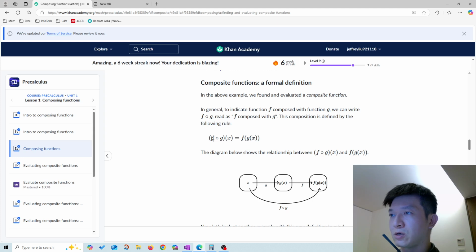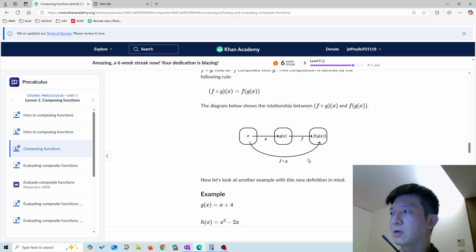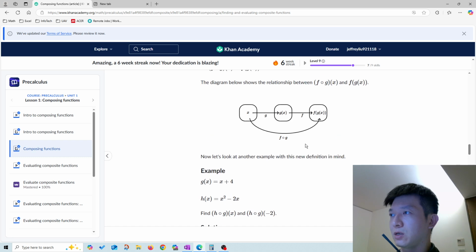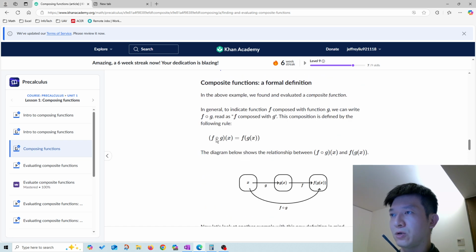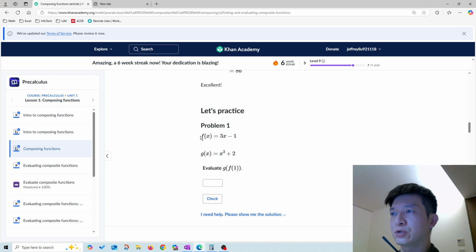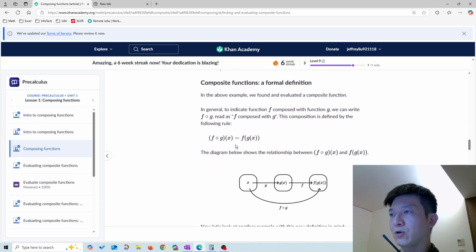F will be on the outside and g will be on the inside. That will be our formal notation, which is a dot. Or you can write it like this, just what we are used to, f of g of x.